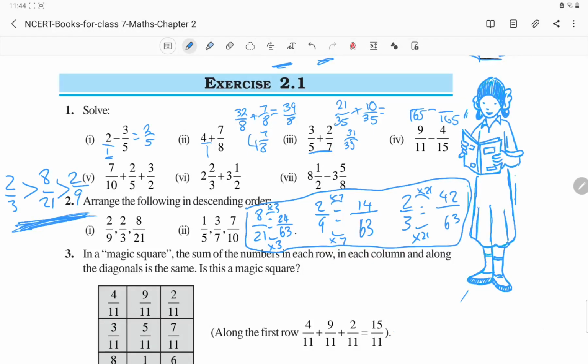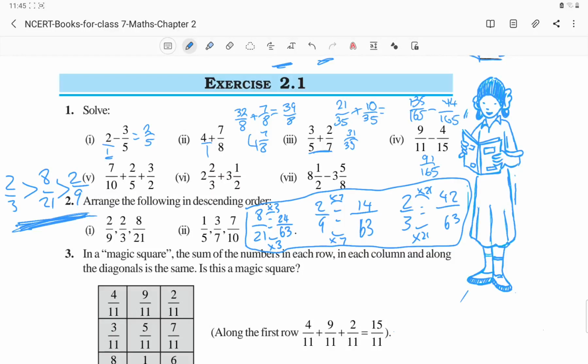So 11 times 15 is 165, so 9 times 15 is 135. 15 times 11 is 165, so 4 times 11 is 44. 135 minus 44 by 165, which equals 91 by 165. Now let's go on to the next question.